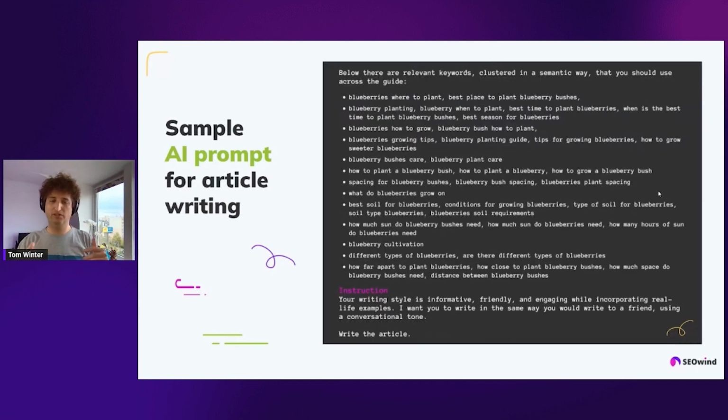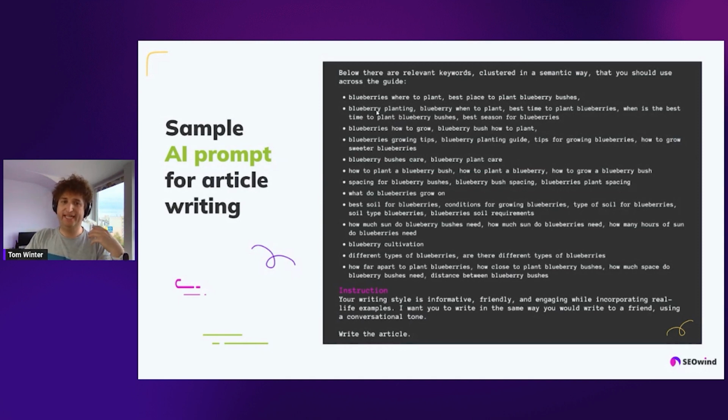Okay, so to continue the prompt. Below, there are relevant keywords clustered in a semantic way that you should use across the guide. So basically here, you can see all the keywords that we have that are clustered. Every single point is a cluster. This is how we got the keywords from ChatGPT.